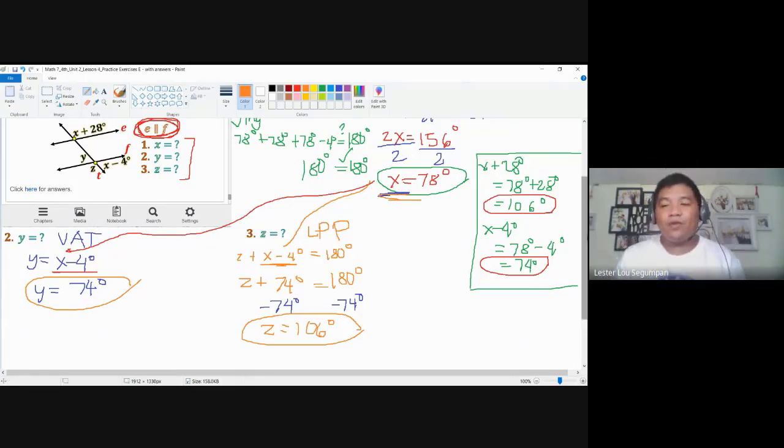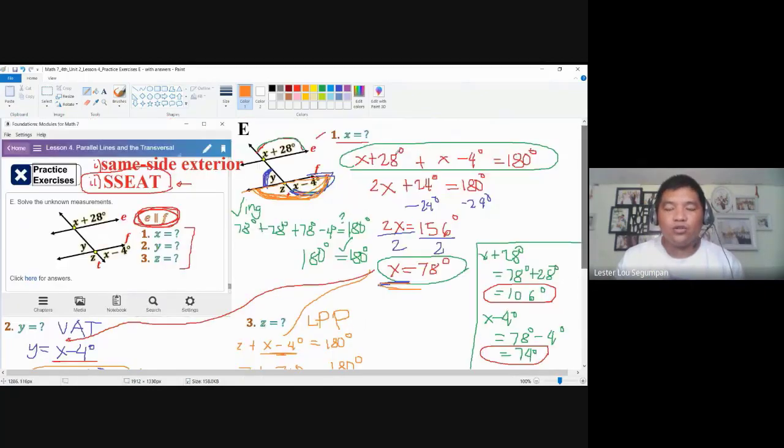But again, before solving for x, we need to come up with an equation, applying any of the one postulate or four theorems upon deciding the type of angle pair, and with the claim that the lines cut by a transversal are parallel lines.